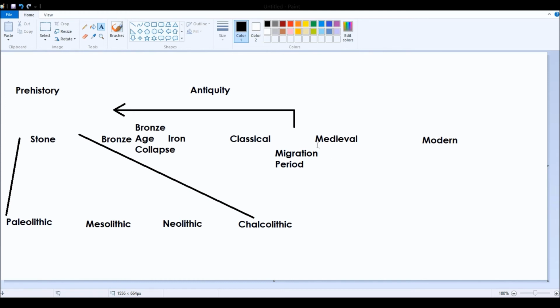Speaking of which, eventually the previous inhabitants of the land, the Britons, didn't speak Latin either, and that's where we get Welsh, which is, I suppose, based off of their ancestral language.